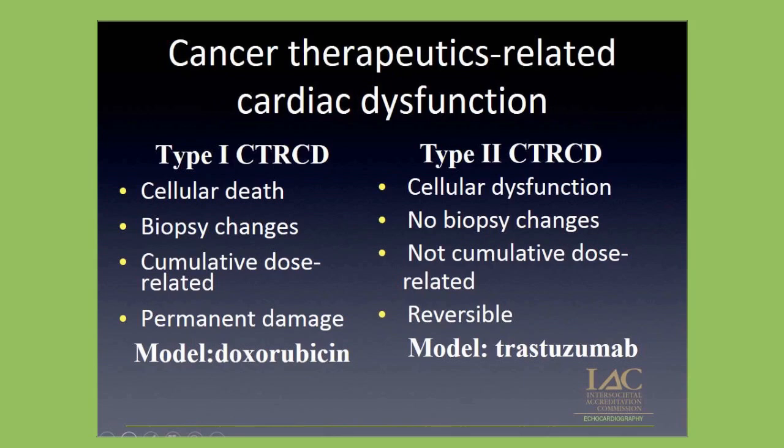So if we go back to the type 1 versus type 2, then you can imagine a situation where you take somebody that is older than 65 years old, that starts with a borderline ejection fraction, that has risk factors, coronary artery disease, hypertension, diabetes, hyperlipidemia, atrial fibrillation, chronic renal insufficiency, and you already know what is going to happen. This patient is not going to behave in an indolent way like a type 2. It's going to behave more like a type 1.